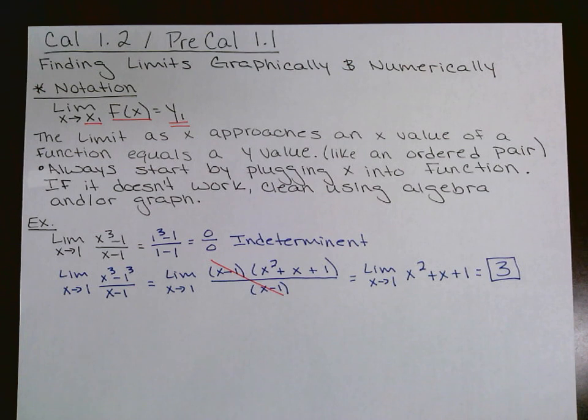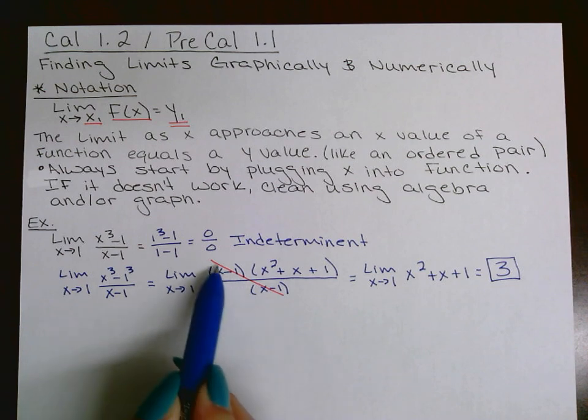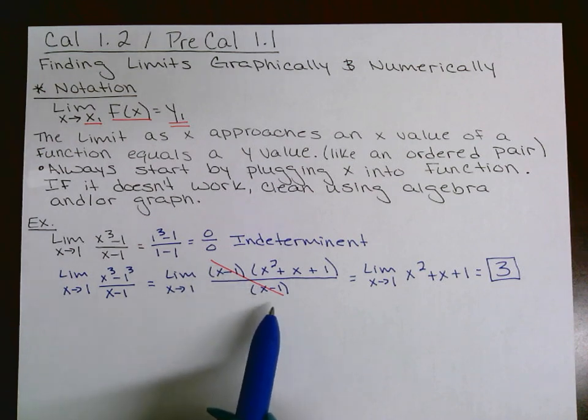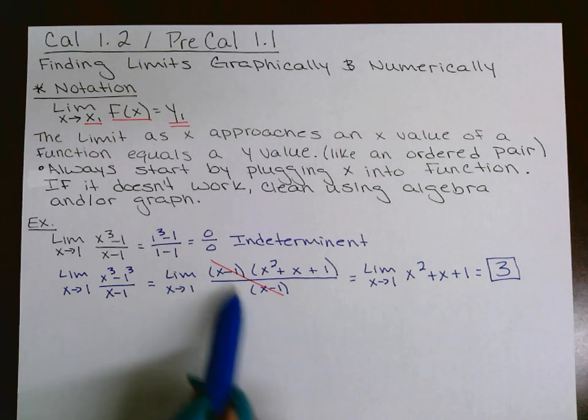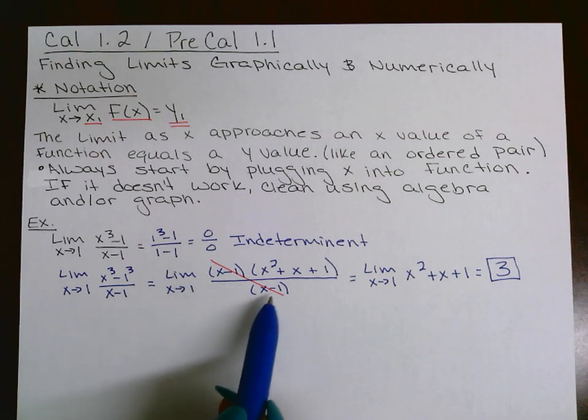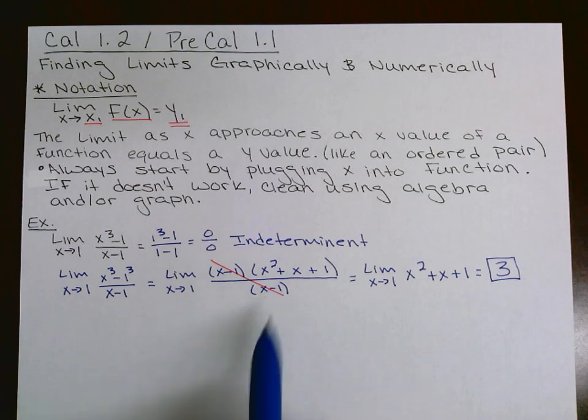If we want to analyze it graphically, well, we talked last class and video that when I cross out a binomial, it's going to give me a removable discontinuity, which is a hole. Okay? We can find the location of that hole by setting this binomial equal to 0.